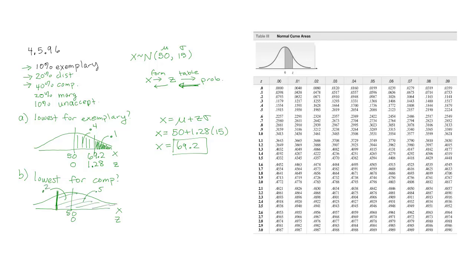The idea is if we just do 0.7 minus 0.5, we get that 0.2. So we know the whole area to the right of whatever our score is going to be 70%. Subtract off the 50% that we're not looking up on the table, and we're left with the 20% as this region here. Okay, so now let's go to the table and look for a probability close to 0.2.